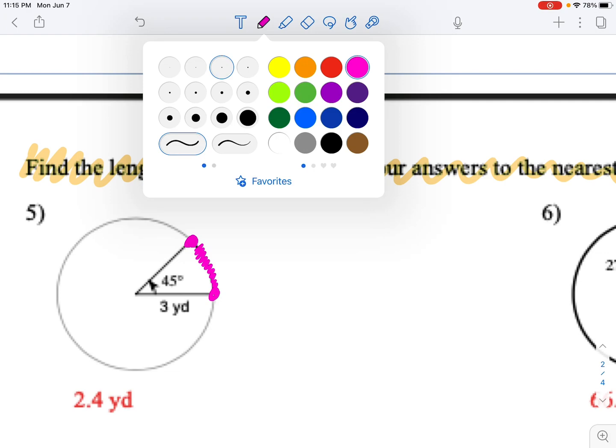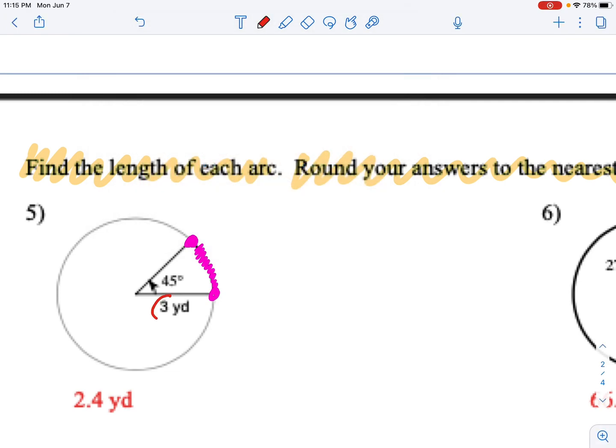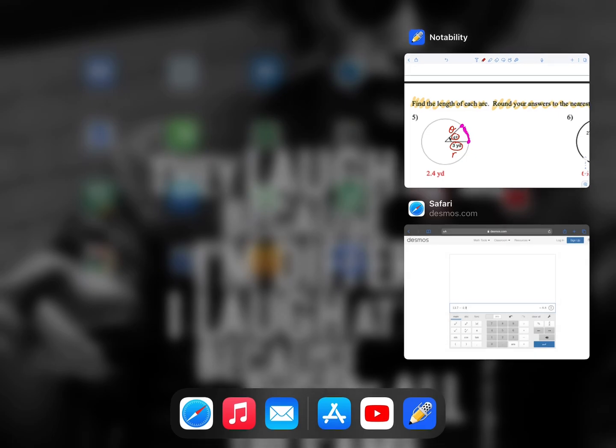Now, let us remember that this here is the radius, so this is r. And this one here is theta, right? So we need the formula.